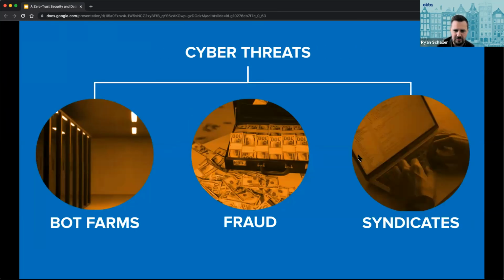So cyber threats, we talked a little bit about that, but I want to also express that yes, we have a lot of fraud that's occurring, and bot farms. For those that aren't aware of what bot farms are, it's a way to take advantage of a huge swarm of computers and servers that can do calculated attacks.